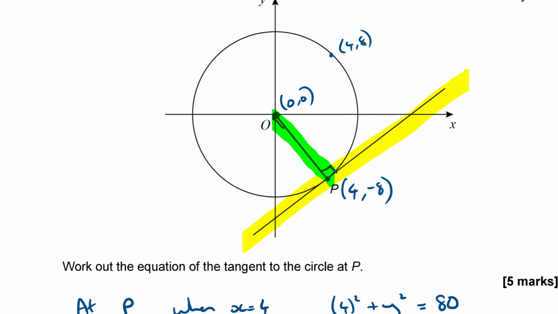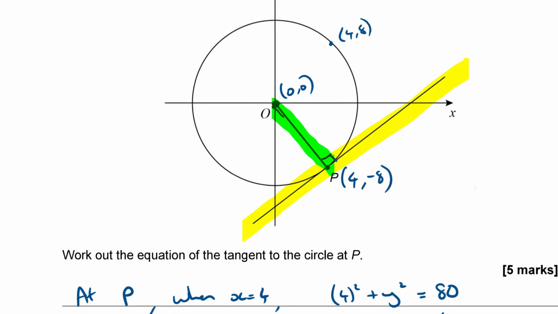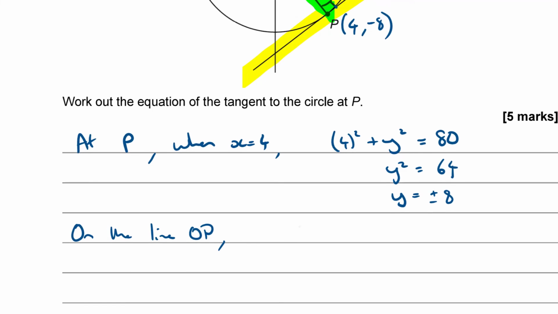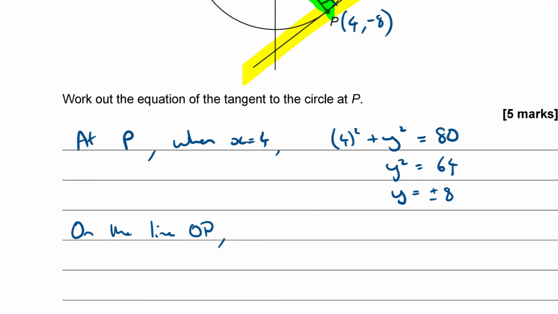So this line here, let's find the gradient of that. Now we know 2 points on that. We've got 0, 0, and now we've got the point 4, minus 8. So we could easily find the gradient of that. So on the line OP, it's a good idea to put little sentences explaining what you're doing. So our gradient m, we'll call it m1 because we're going to have two gradients.